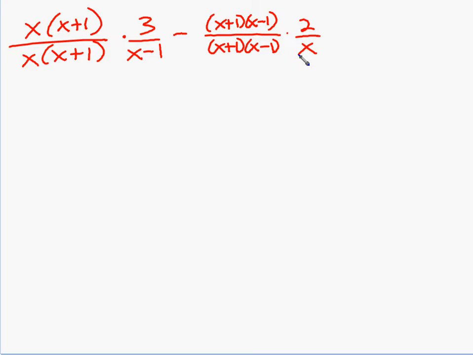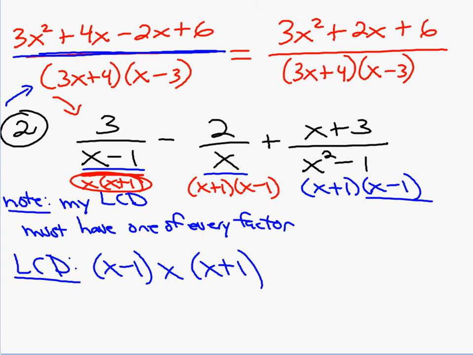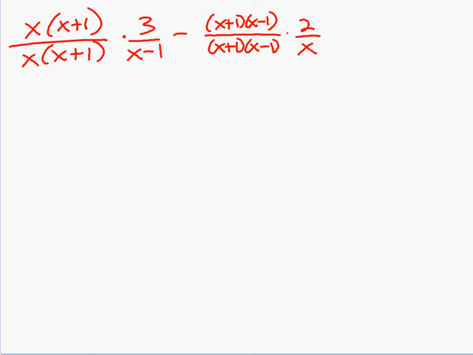The third fraction is just missing the x, right? That's the only thing that it is missing. So I'm going to multiply the third fraction by x over x, plus x over x times that third fraction, which was x plus 3 over x squared minus 1.